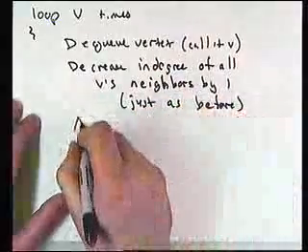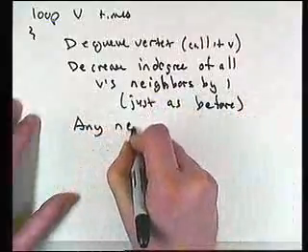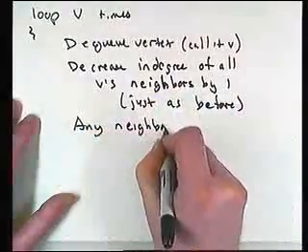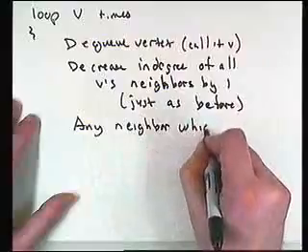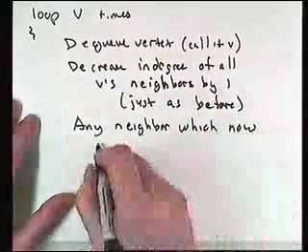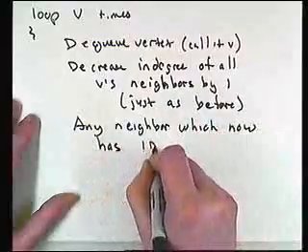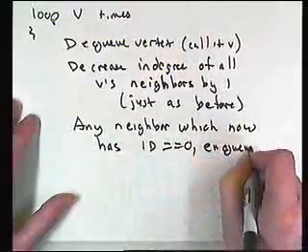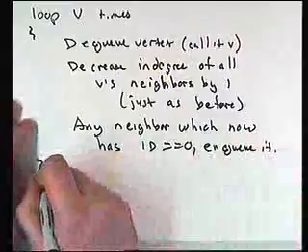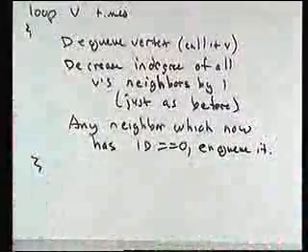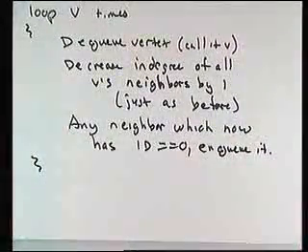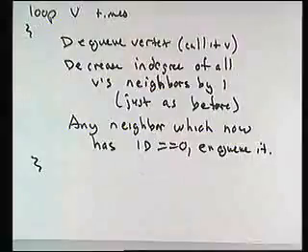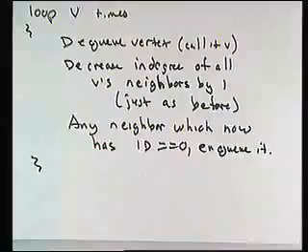But now, a neighbor which now has in-degree equal to 0, enqueue it. So that's how this will work now.